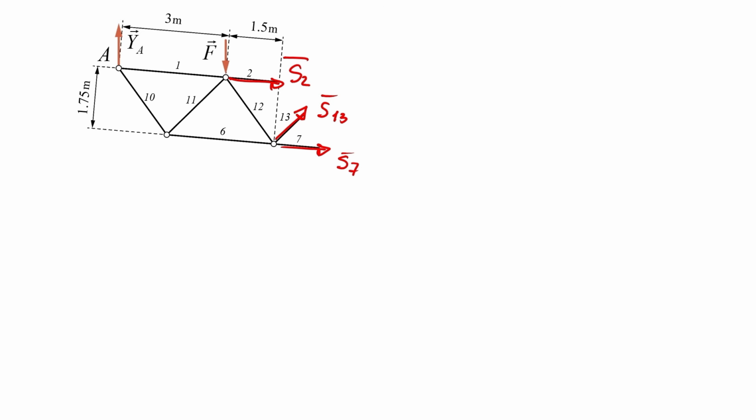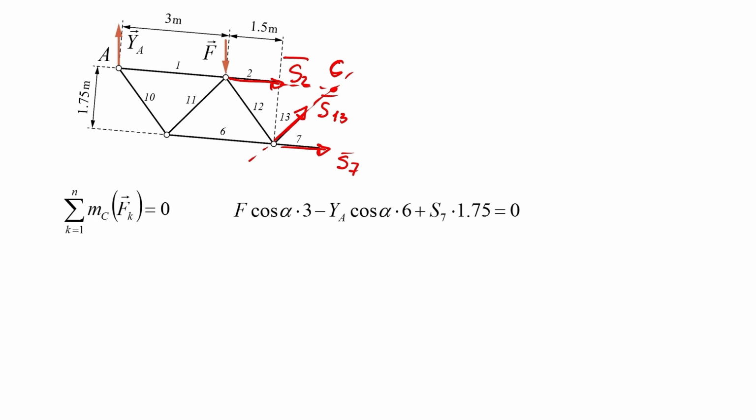To determine the force S7, let us find the moment point. This is the point at which the lines of action of two other unknowns, S2 and S13, intersect, namely the point C. Accordingly, we then write down the moment equation with respect to the chosen point C. Because the lines of action of S2 and S13 intersect in the point C, they are left out of the equation.